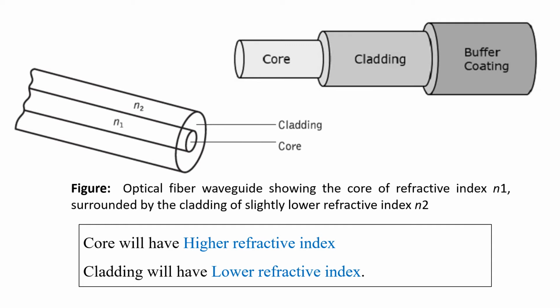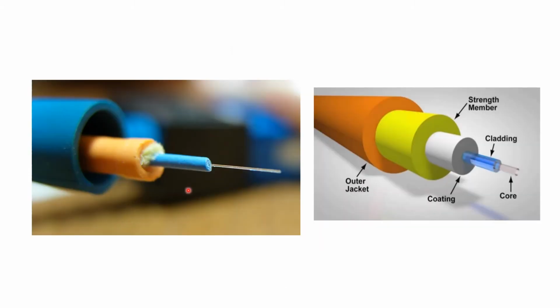Now let us have a detailed observation of how exactly the optical fiber looks in practical. This is how a practical optical fiber looks like. Here we can observe a comparison between this representation as well as this diagram. So this is the optical fiber, which is covered by the cladding. Again it is coated by a coating material of white color, which is protected by an additional strength membrane, and then finally the outer jacket.